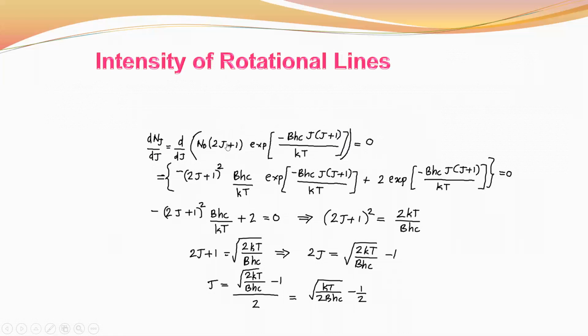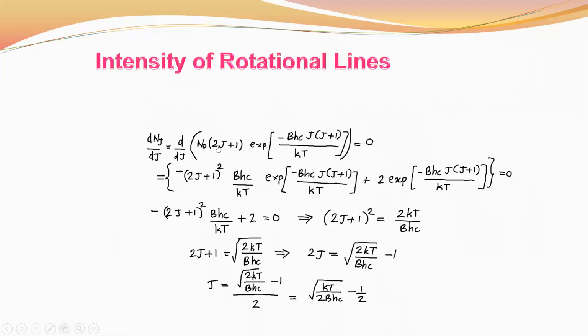Then we apply the product rule, that means d by dJ of uv. In a similar way, first we take 2J plus 1 as constant and find the derivative of the exponent.